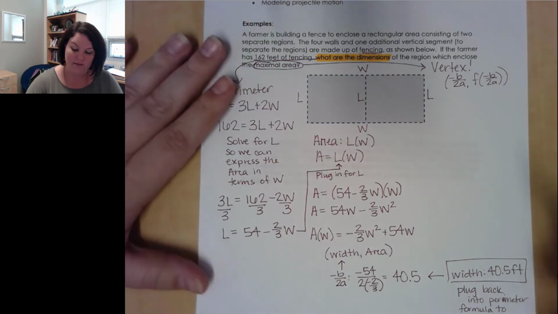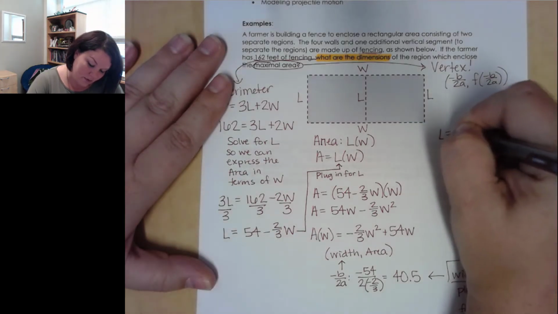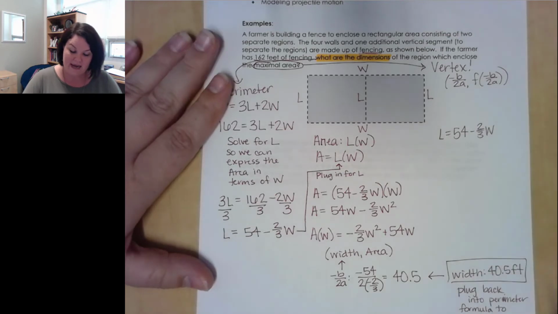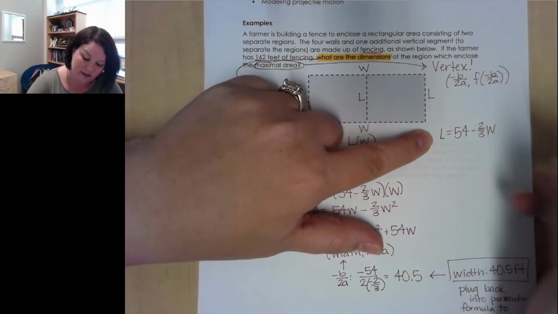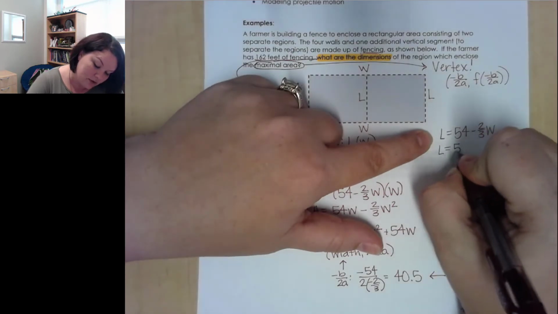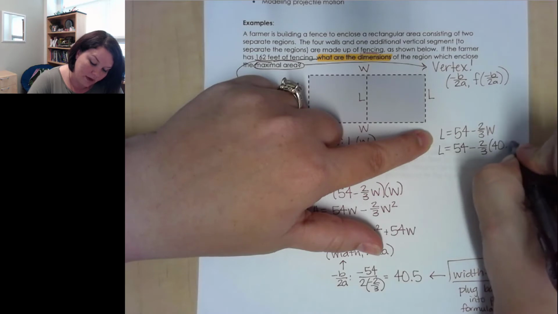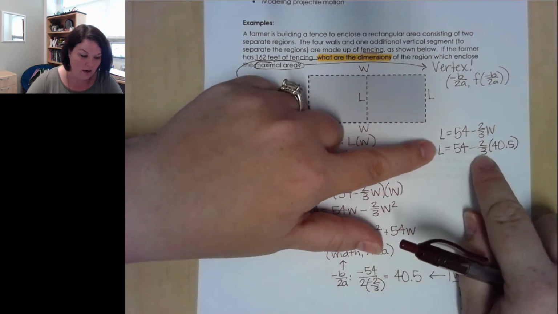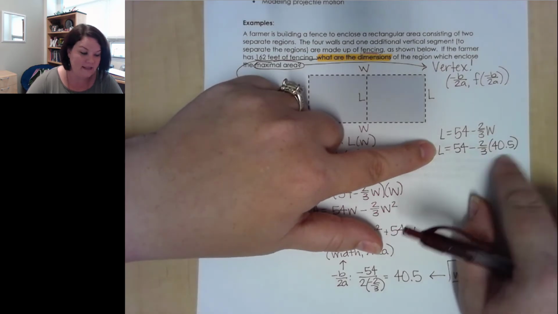I'm going to come up here in this open space because I'm running out of room. We found that L is equal to 54 minus 2/3 W. And now we know what W is, so we're going to plug in our 40.5 for W. That means L is equal to 54 minus 2/3 times 40.5. Then in our calculator, we can multiply this out.